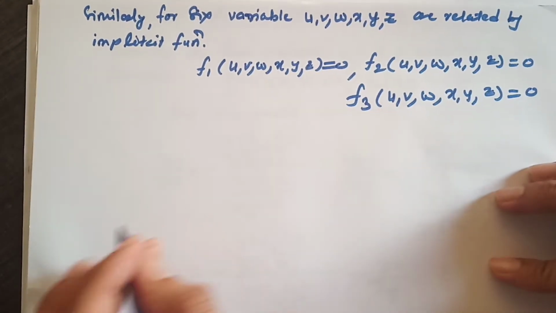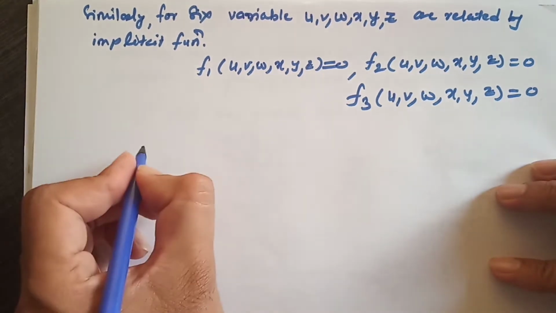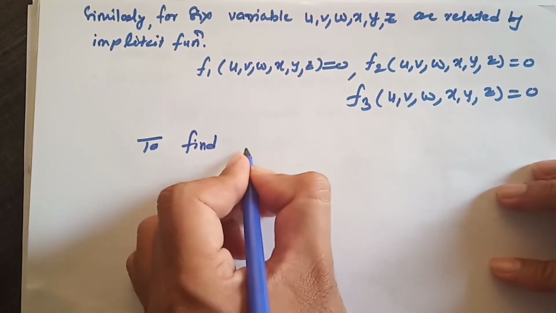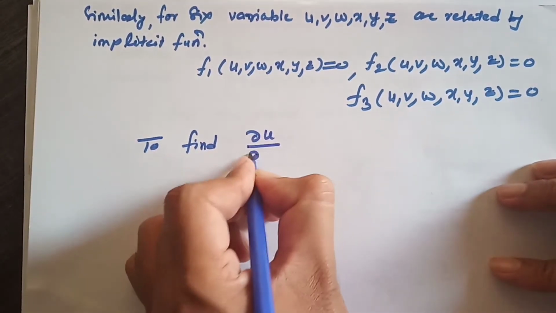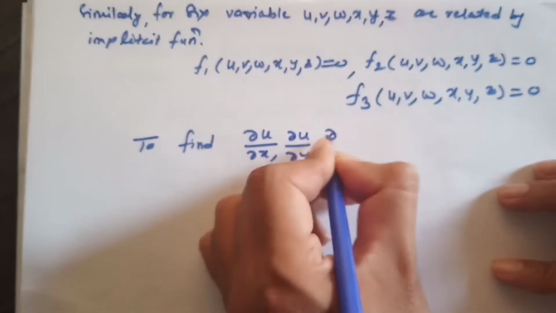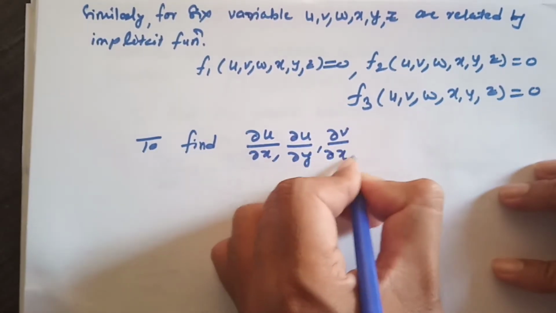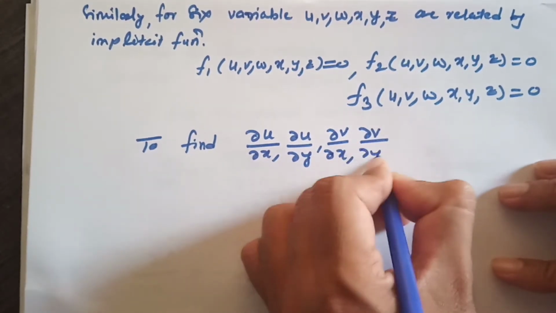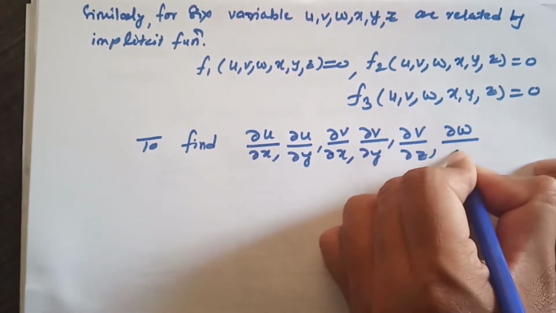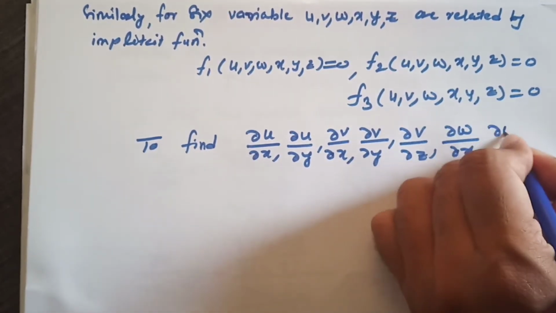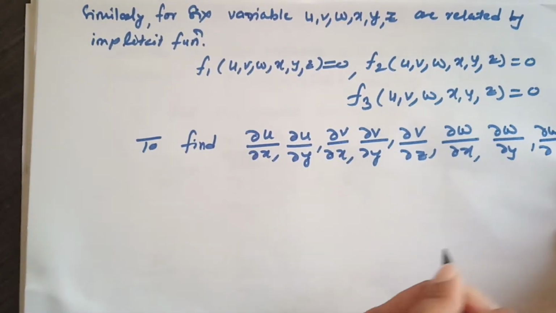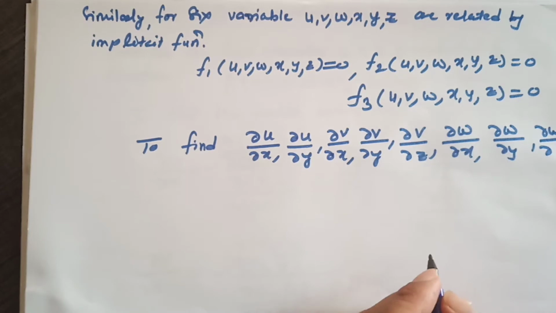Now to find partial derivatives, u with respect to x, u with respect to y, v with respect to x, v with respect to y, v with respect to z, w with respect to x, w with respect to y, w with respect to z. How to find this?